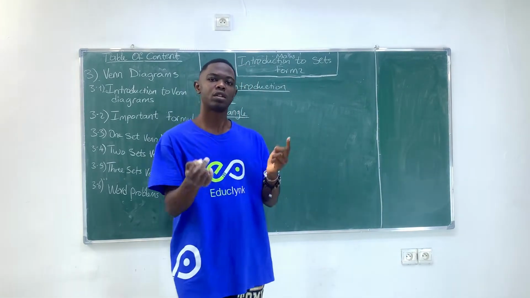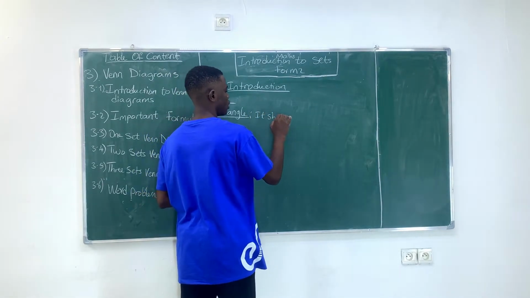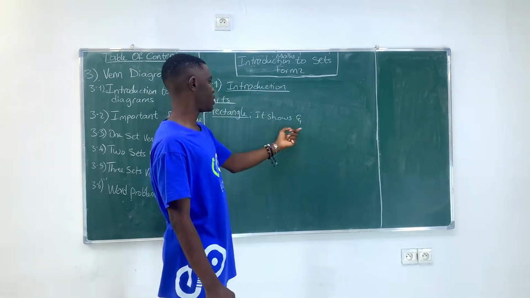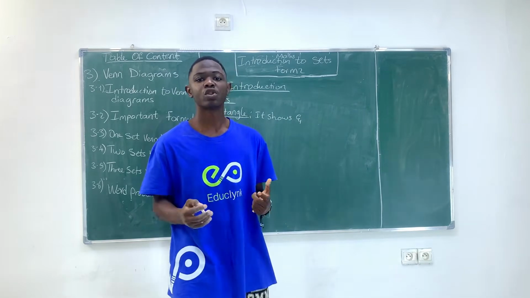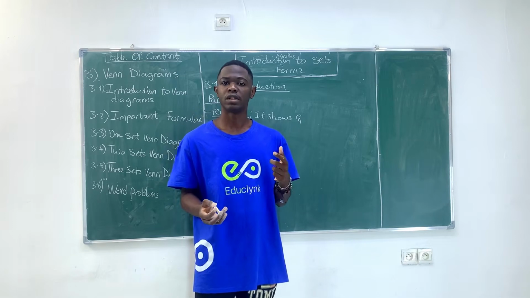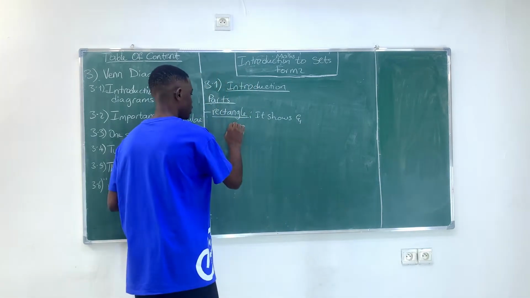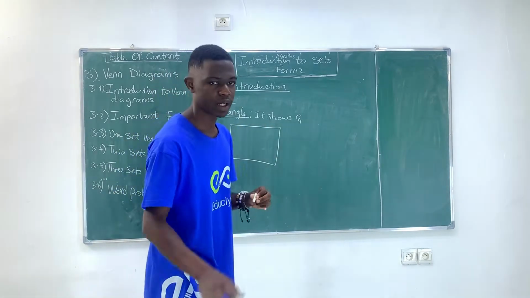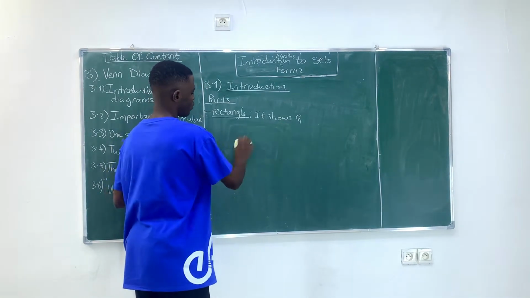It shows the universal set, which is the zeta. So it englobes all of what you're talking about. If you're talking about the days of a week, it will be inside it, it is the whole set. Before drawing a Venn diagram, we're going to enumerate all the parts.